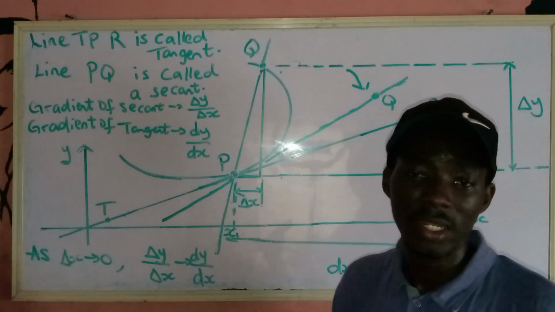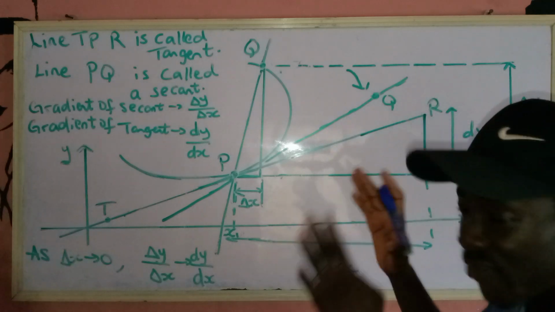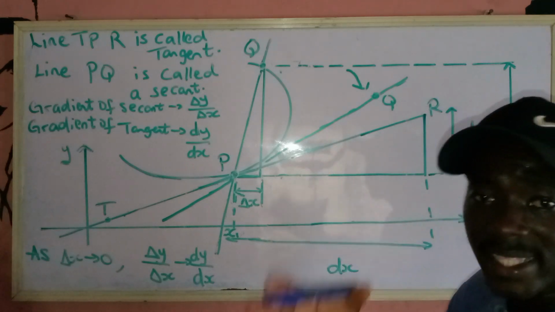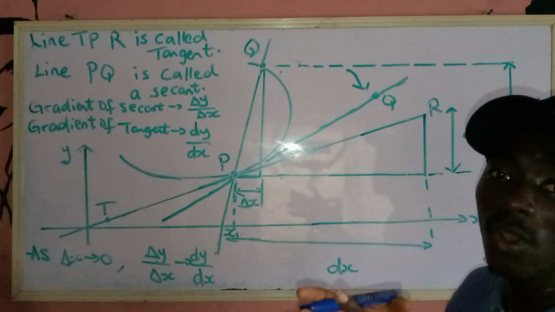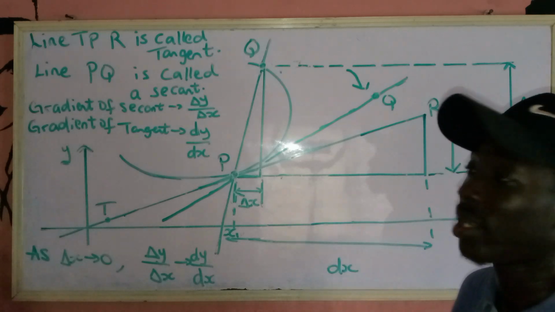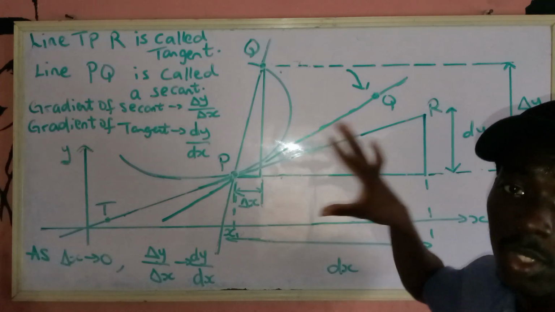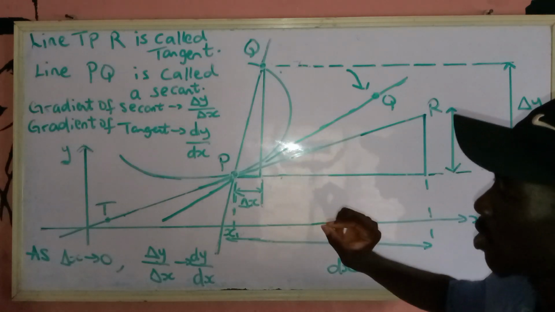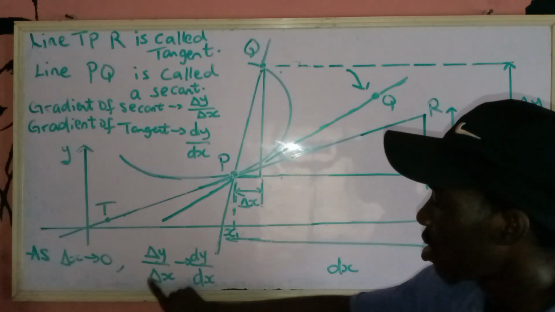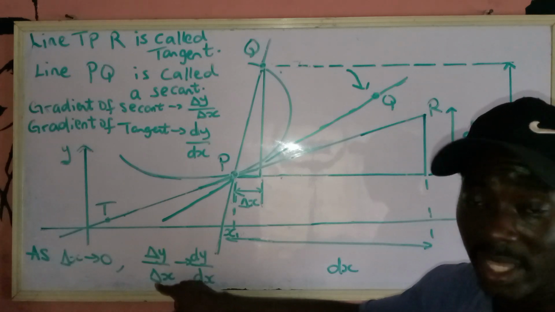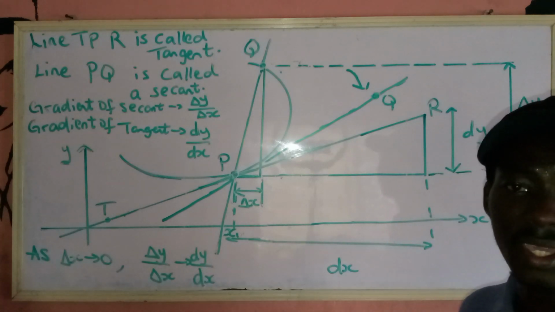Those are called analytical calculations. So differentiation is based on getting the gradient of a function analytically. Understanding this concept is what we also call the first principle. So as this approaches 0, this secant gradient approaches the tangent gradient.